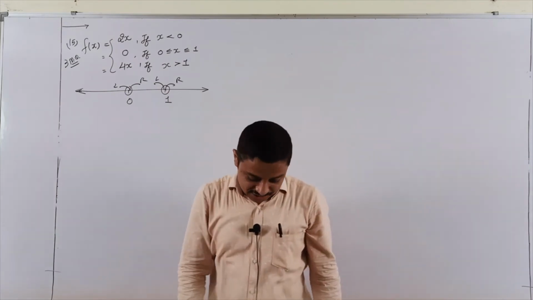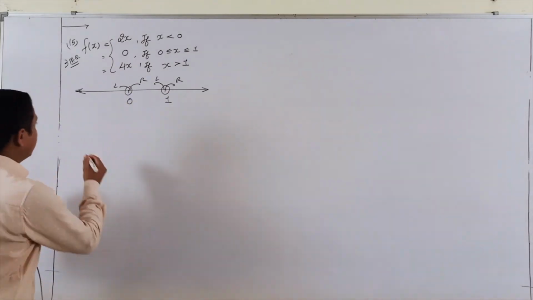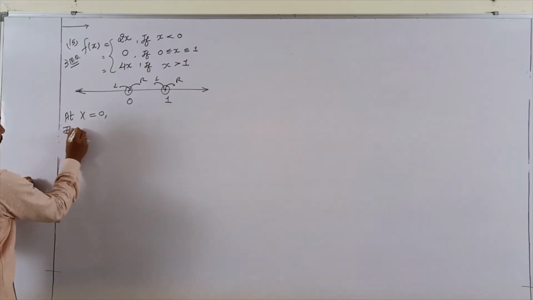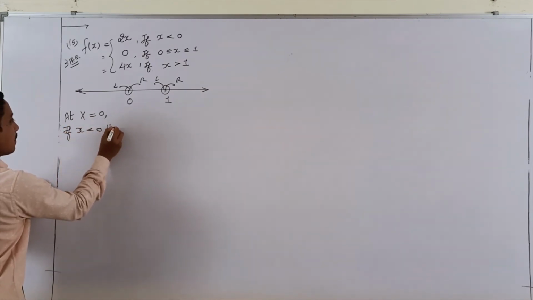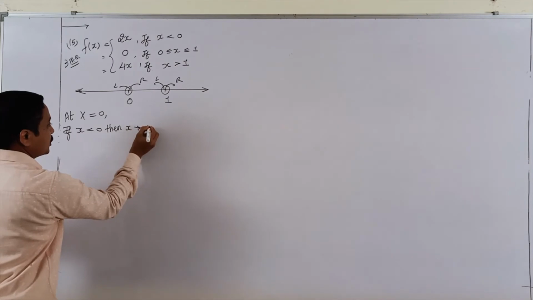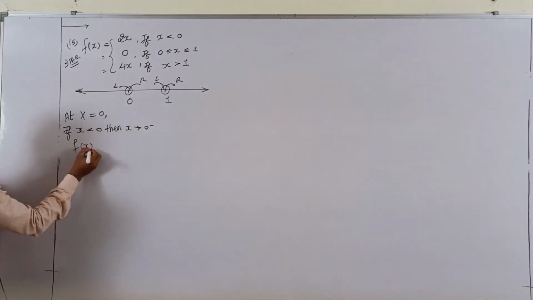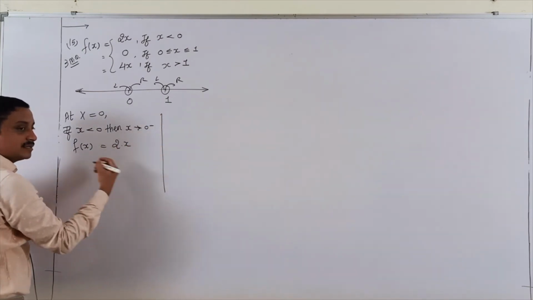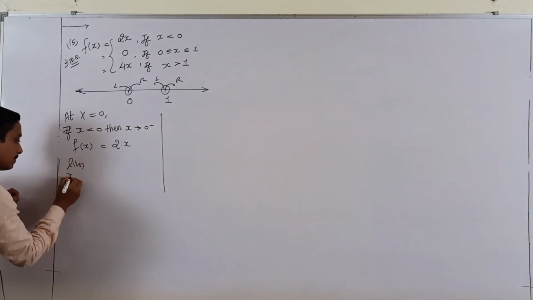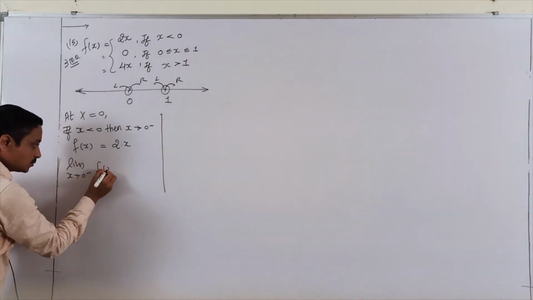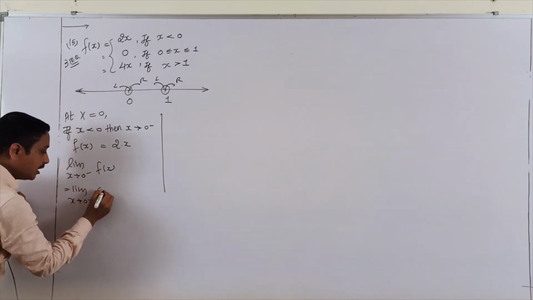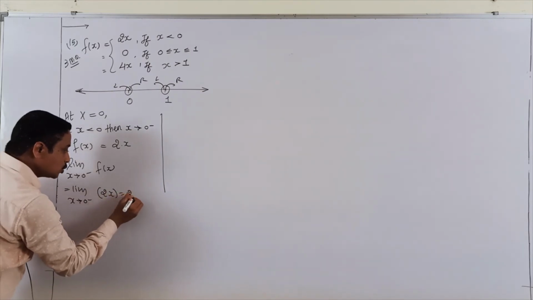And now I start our conditions to check at x is equal to 0. If x less than 0, then x tends to 0 negative. Now what is the function? 0 less than, yes, it is 2x. So limit 0 negative of the function, just to carry forward, again and again it is 2x.